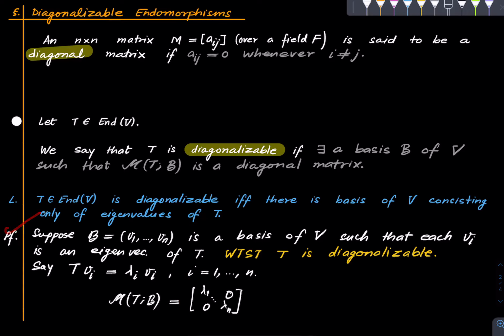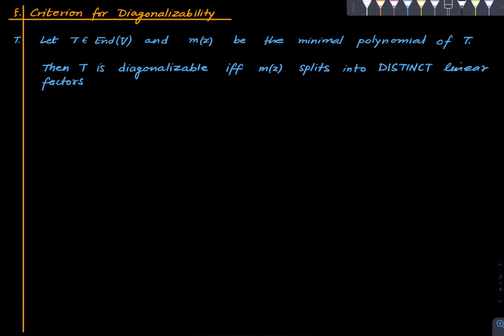So that we have. And now for the main theorem. Just like we had a criterion to decide upper triangulability of an endomorphism by looking at the minimal polynomial, we have a criterion to decide diagonalizability of an endomorphism by looking at the minimal polynomial.